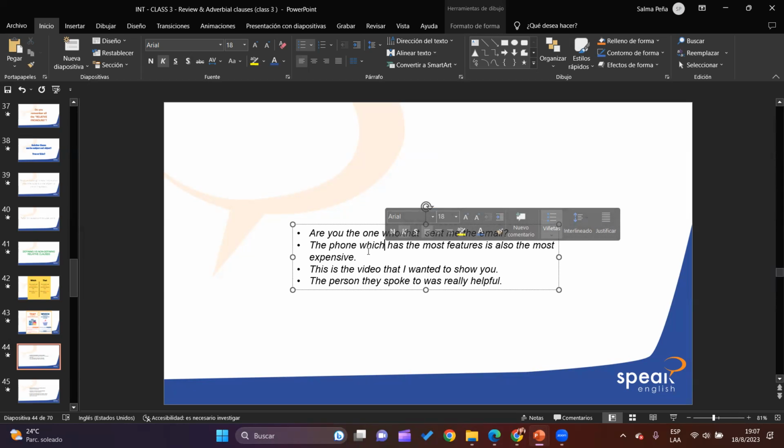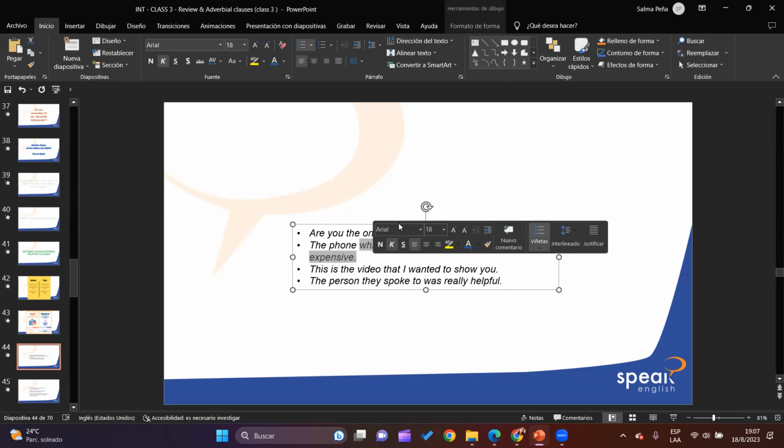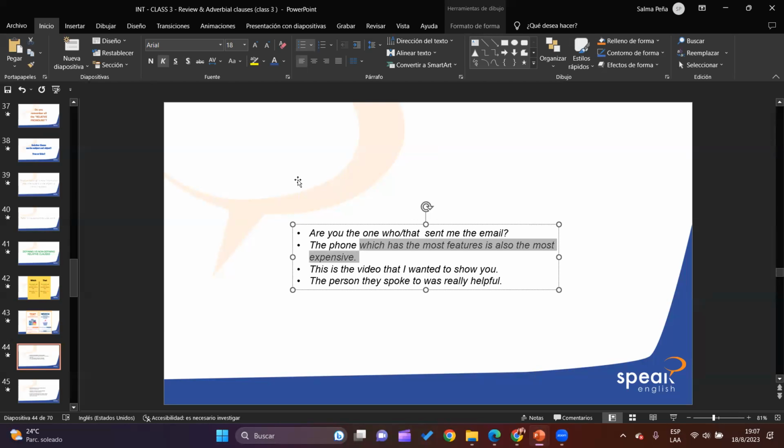Yesterday we had an example, and maybe that was the reason why I was a little bit confused with the rest of the sentence. But in this case, we don't have anything framed by commas. So we cannot eliminate these parts, okay? And we neither have a pause in the sentence. That's why it's impossible to eliminate it.